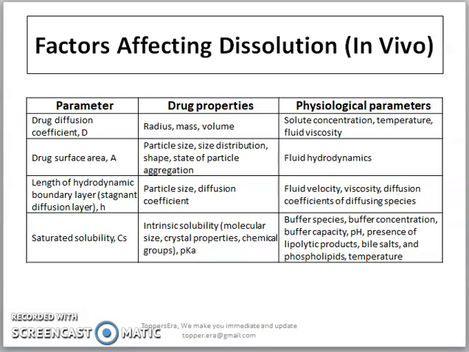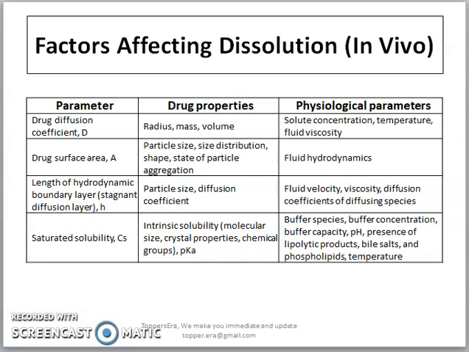The fourth parameter is saturated solubility. It depends on intrinsic solubility and pK, where intrinsic solubility is expressed by molecular size, crystal properties and chemical groups of the active pharmaceutical ingredient in the dosage form.